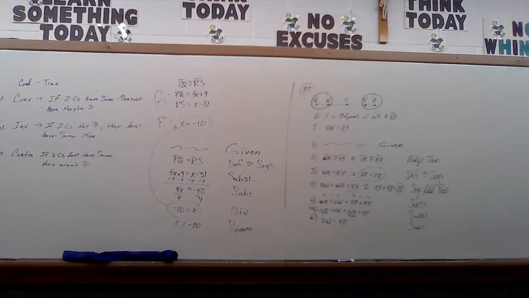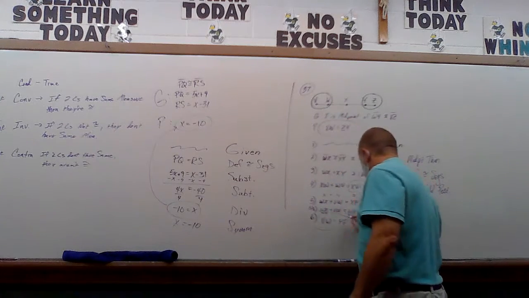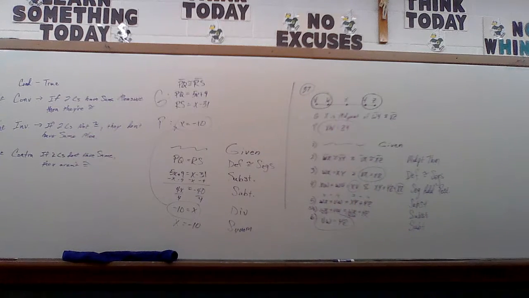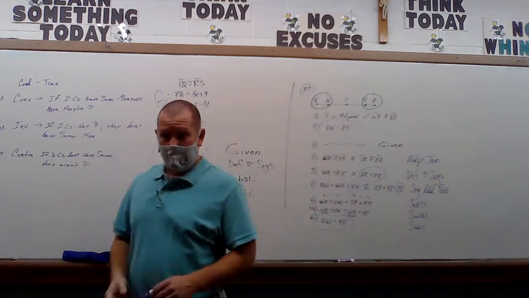And I get my answer. So again, my proof statement was the same, so I know I'm done, and then I just have to have a reason why. Again, the reason why for my proof statement cannot be proved. It has to be some kind of property. Okay?